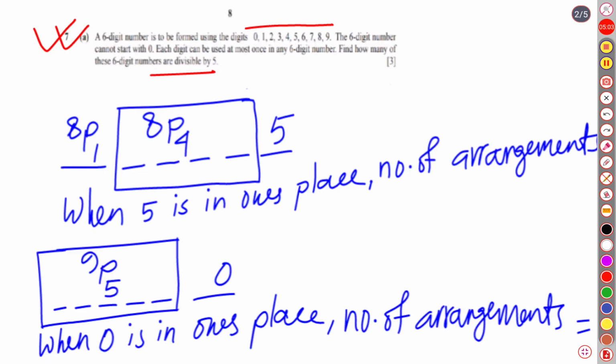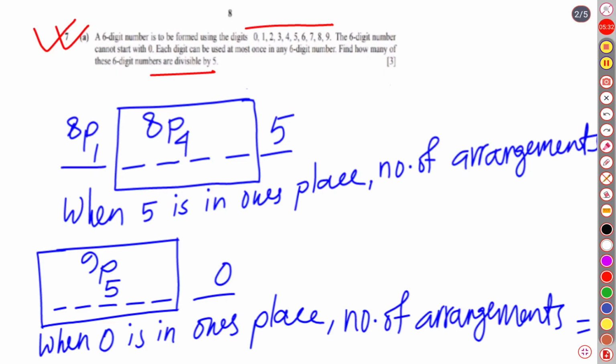First of all, we will have to find how many numbers can be formed, then how many among them are divisible by 5. There are a total of 10 digits. First we will pick 6 digits, then they will be arranged. Remember, I told you that whenever arrangement matters, we have to apply permutation.